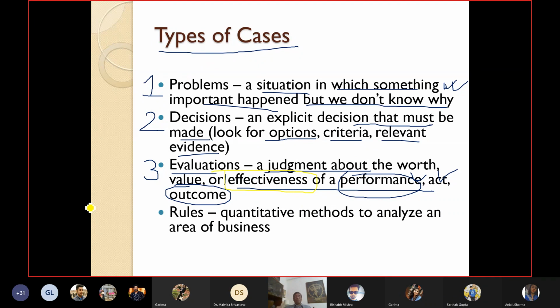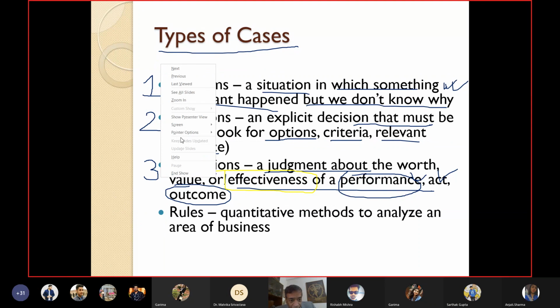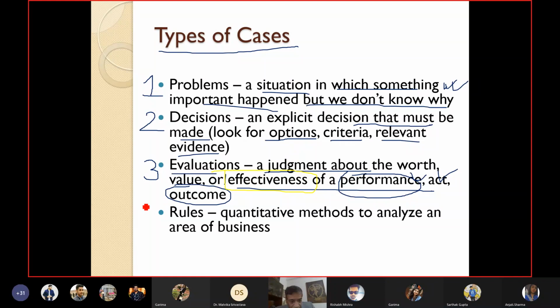So a case gives rise to problems which you try to identify why. A case makes you take decisions on alternatives and options. A case looks at evaluations as to how the performance was, what is the outcome of a particular action or a decision. And fourthly, I would again move my ink pointer to address the rules, and we really need to understand the rules, which are methods to analyze an area of business.